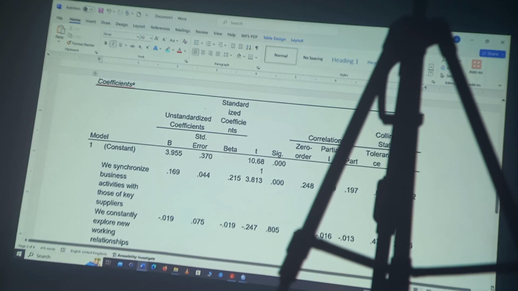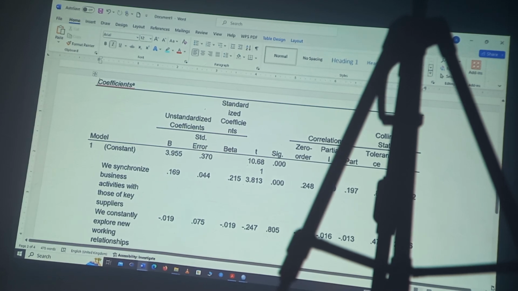So with the standardized beta coefficient, you ignore whether it is positive or negative. You take the absolute value. The one that is highest and is significant is the one we talk about. Then you can see that among the predictors, this is the one contributing most to the 35.9% change that we got.